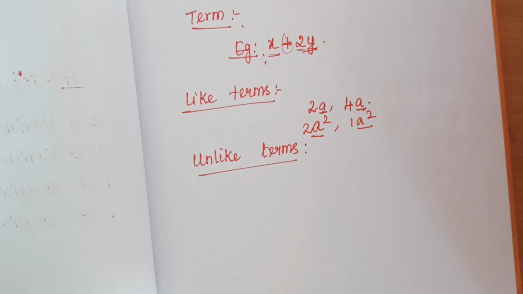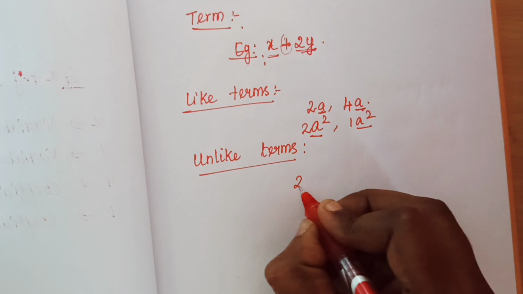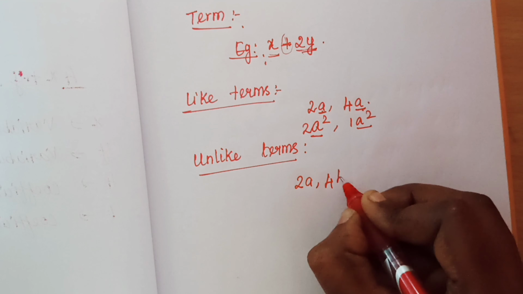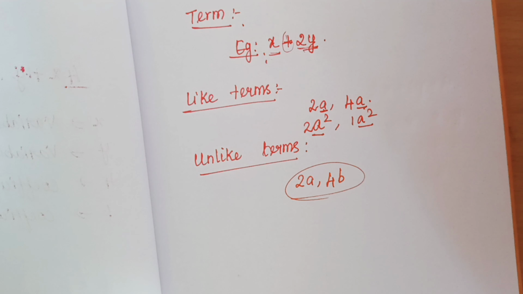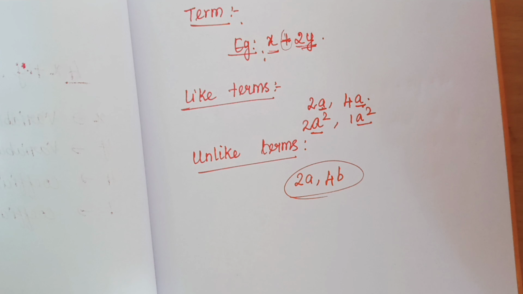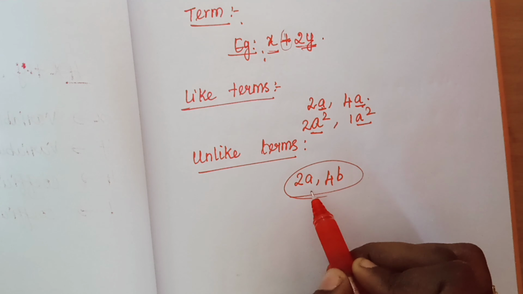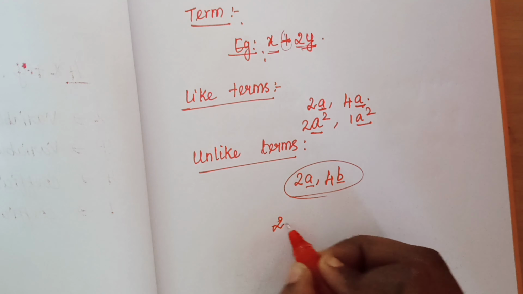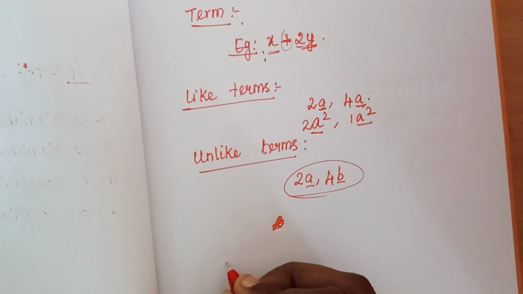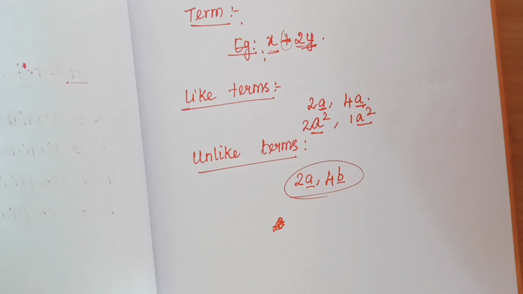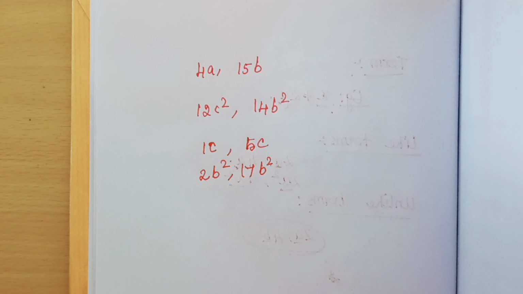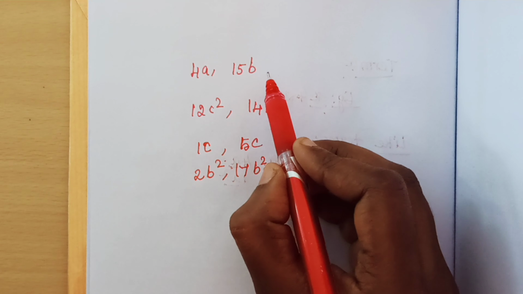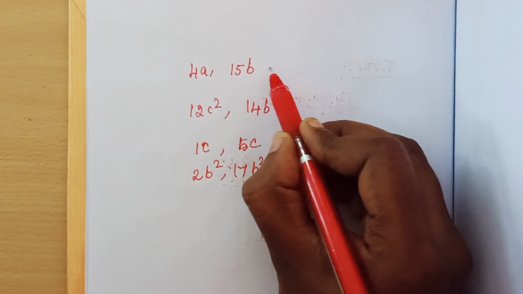Unlike terms is very simple. When they are not the same, you will say it is unlike. So 2a, 4b, are they like terms? No. Why is it not like? Since the variables are different. Now I'll give you a question. I have given you 4 problems. You have to tell me whether each is a like term or an unlike term.